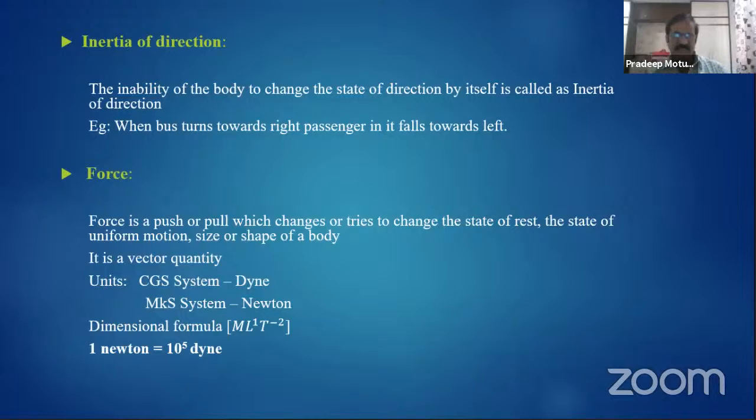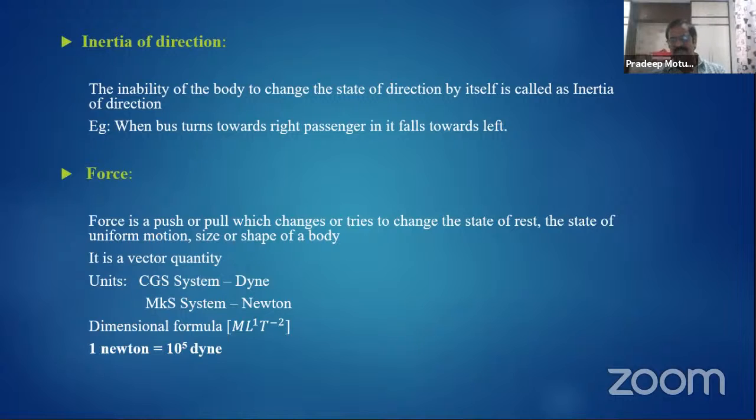How can we measure the force? What are the units of force? In the CGS system, force is measured in terms of dynes. In the MKS or other system, force is measured in terms of newtons.